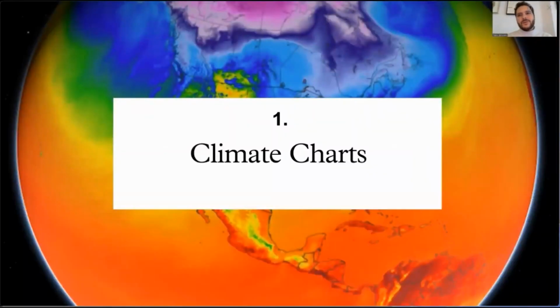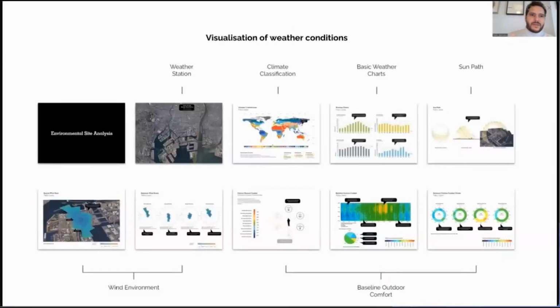But because we do this over and over and over, we are able to look at this process in a more holistic way. So when we look at the site, we run something we call the climate charts that tackle climate information, weather analysis, basic sun paths, but also set out a baseline of comfort for every project, and take into consideration, of course, the wind conditions.